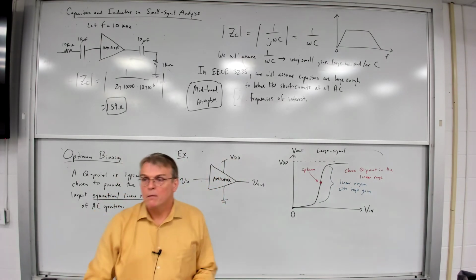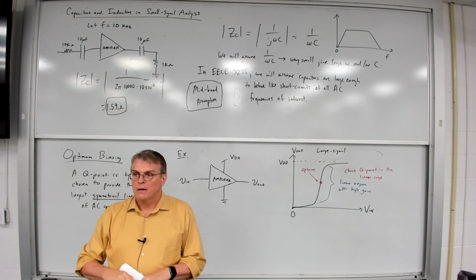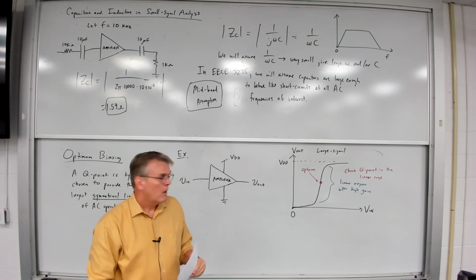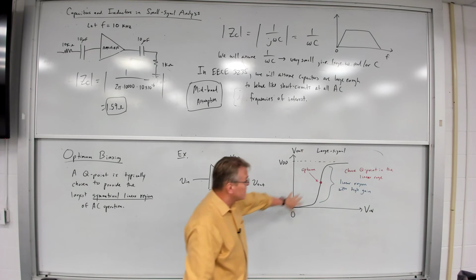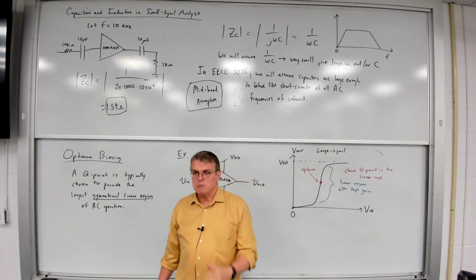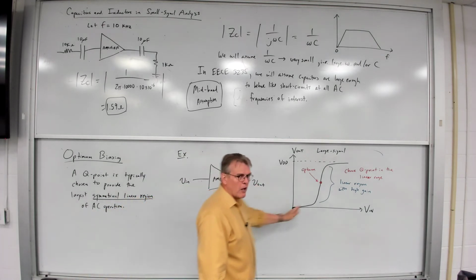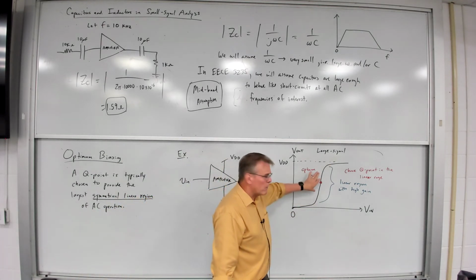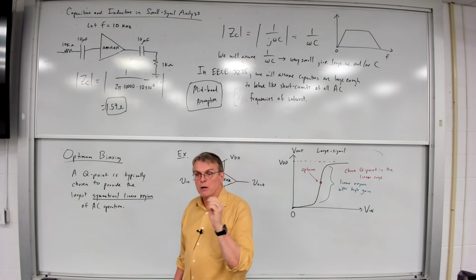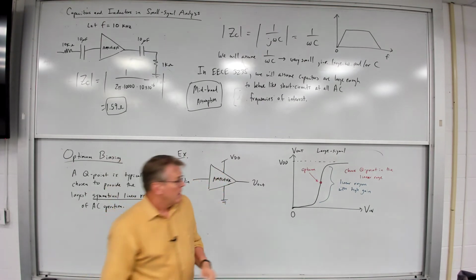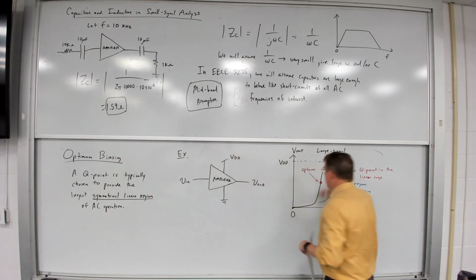Yeah? Would that always be the inflection point? Well, no. Different types of circuits will have different responses. I'm just saying this is a typical example. But any type of circuit that's got a nonlinear response, you typically want to try to bias it if you can in an area where it's linear. So this is the optimal point. And why is this optimal?